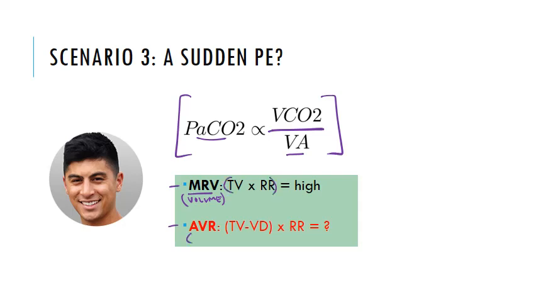The next is a volume of air used for gas exchange, which is really where you are looking at dead space. So in the two scenarios, which were anxiety as well as an overdose, neither one of these had to do with the lung. These had to do with reasons outside of the lung to increase or decrease alveolar ventilation.